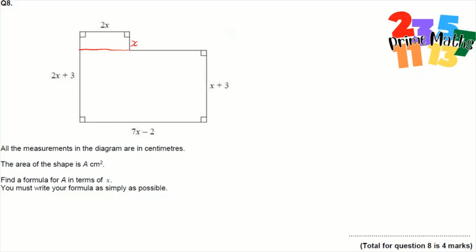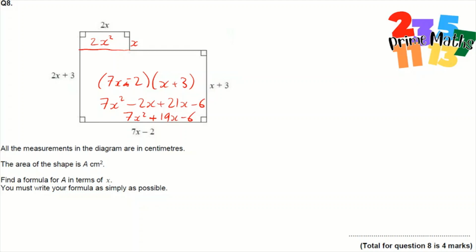Finding the area, we multiply the sides. The area of this rectangle is 2x squared, and the area of this rectangle is (7x minus 2) multiplied by (x plus 3). If I expand this out, I'm going to get 7x squared minus 2x plus 21x minus 6, and that will simplify to 7x squared plus 19x minus 6.